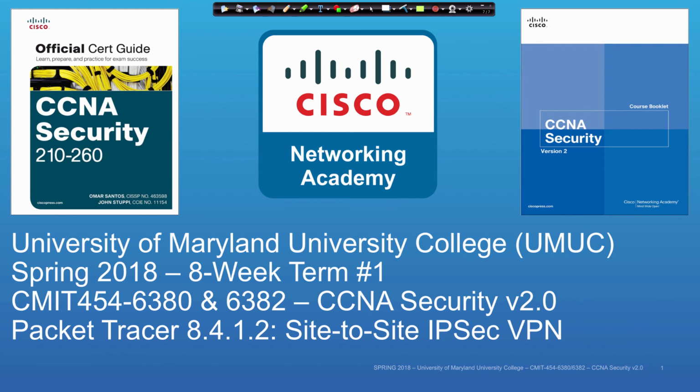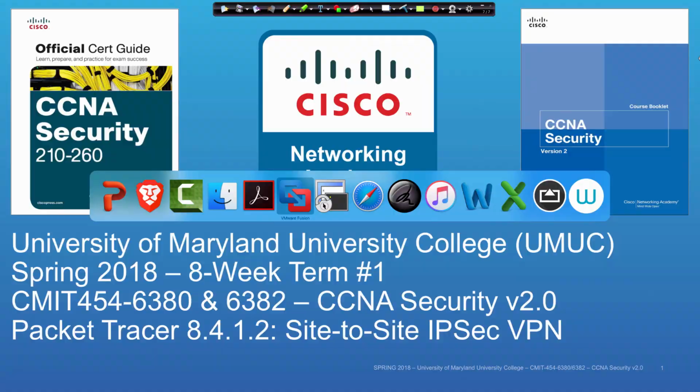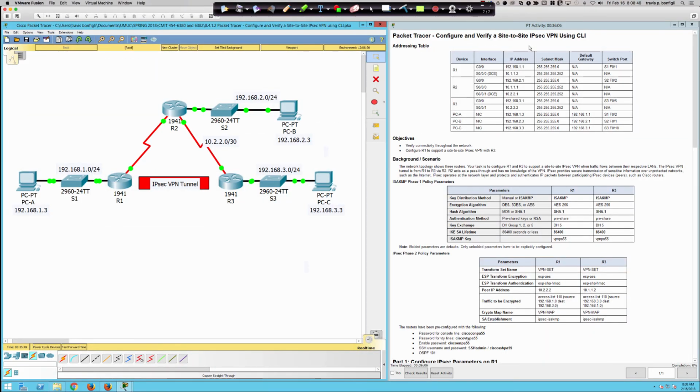Now, let's go ahead and dive in and take a look at the topology that we're going to be working with here. This is one of the questions that learners often have: would I set up an IPSec VPN tunnel in my internal network?